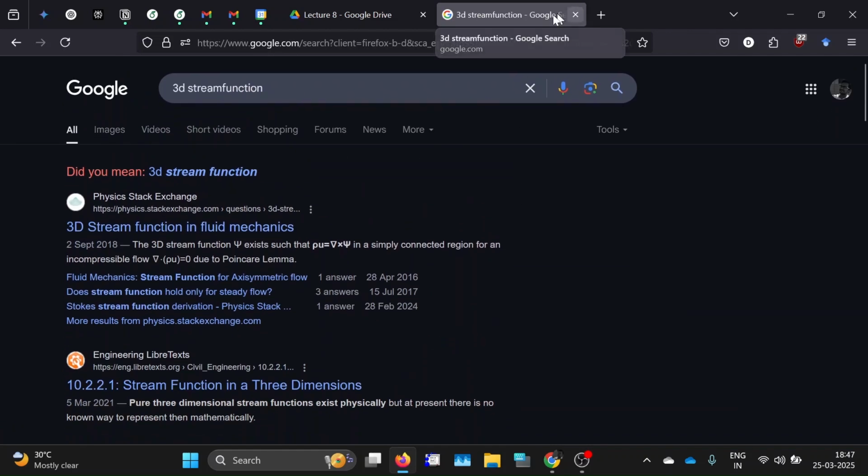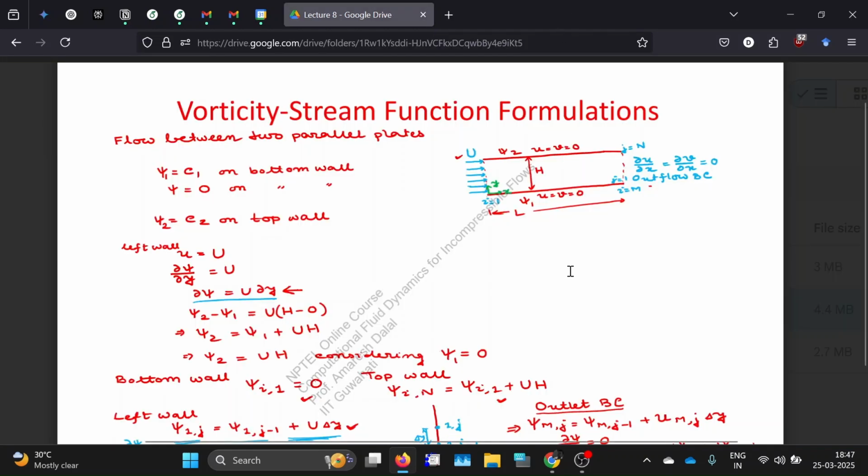Okay. And the next thing is, what is this non-conservative form of equation and conservative form of equations? That depends on the way we write our partial differential equation, basically the Navier-Stokes equations. The convective term is written in what way? u dou u dou x plus v dou u dou y, right?